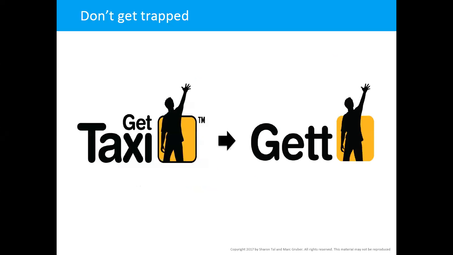Take a look at this example. A company called Get Taxi, very similar in nature to Uber, had to change their brand name to Get, because very quickly they understood that their core abilities allow them not only to move people from one place to the other, but also to move many other things like deliveries, for example.